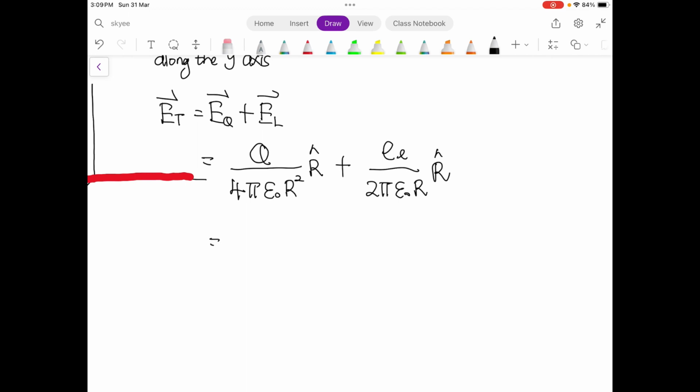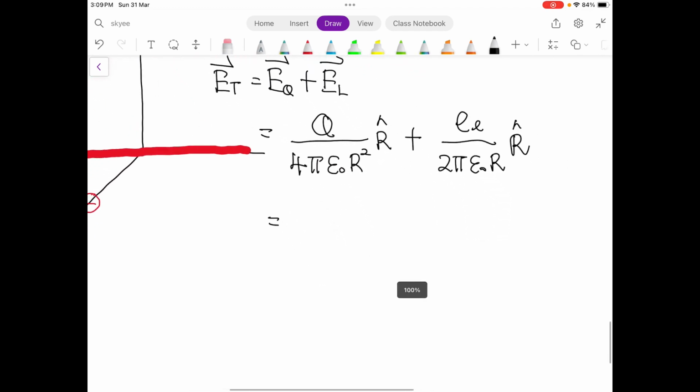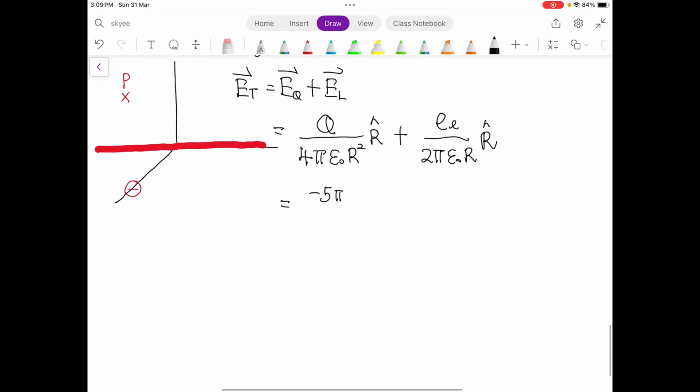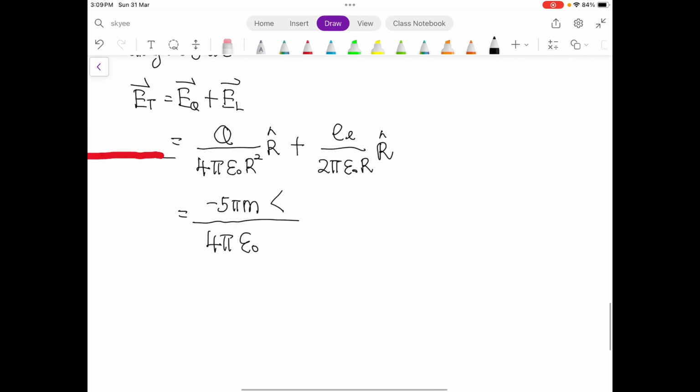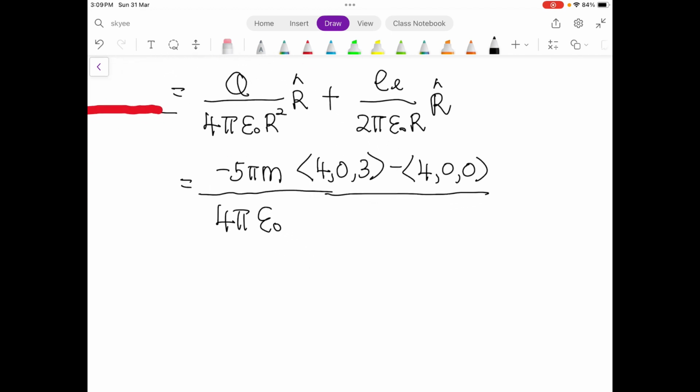So let's start to look for the answer for this one. For the Q, the value is negative 5 pi milli, divided by 4 pi epsilon naught. Here you take the observation point, that is (4,0,3), minus (4,0,0).